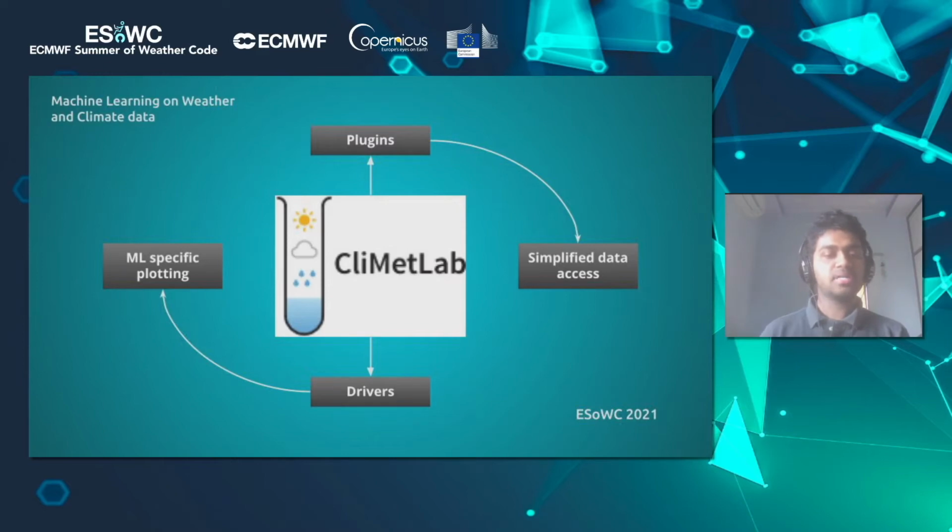And the other part is adding drivers. We currently have Magics as the go-to package in most of the ECMWF software suite for plotting purposes, since it works very well with geographical plots. But for machine learning specific plotting, we tried to go with Matplotlib. So these were mainly the two tasks that I worked on. Next slide, please.